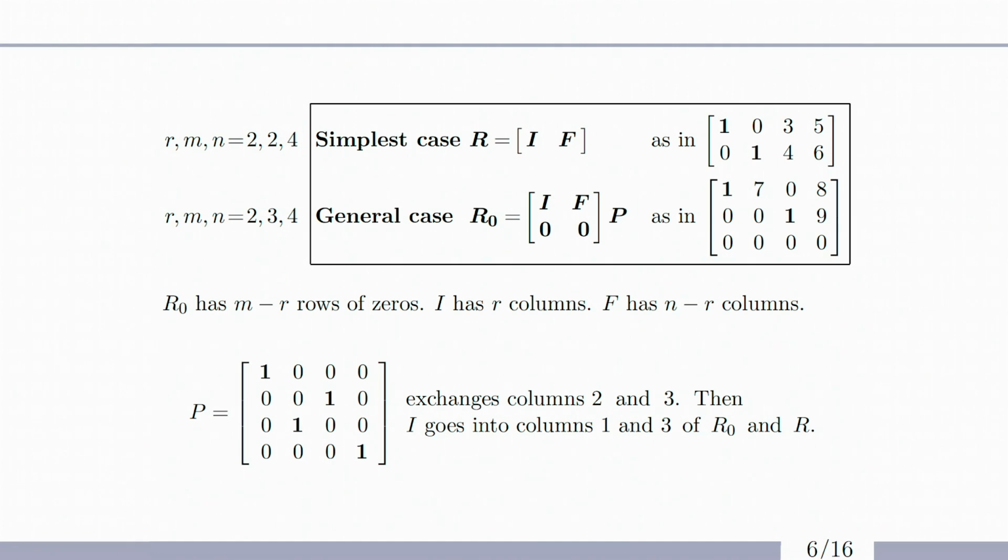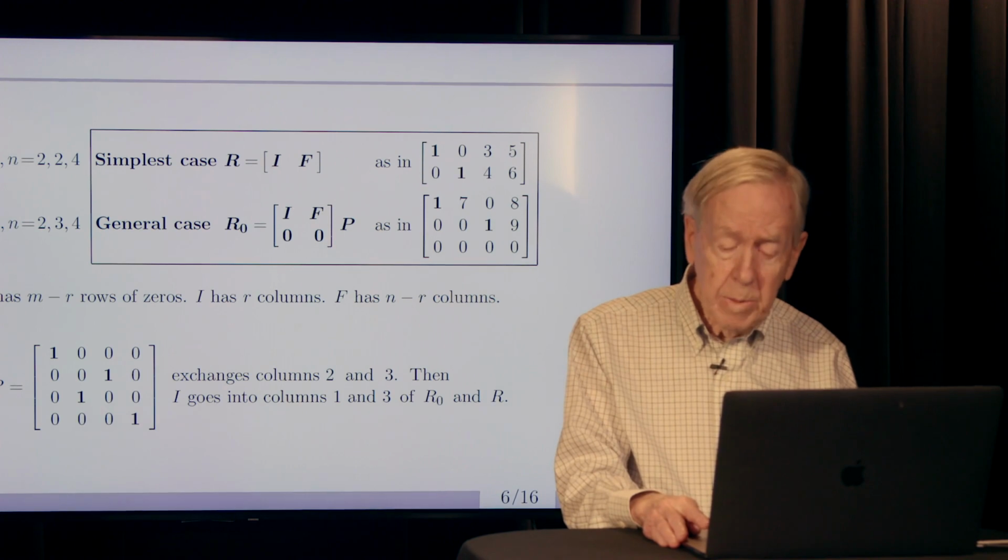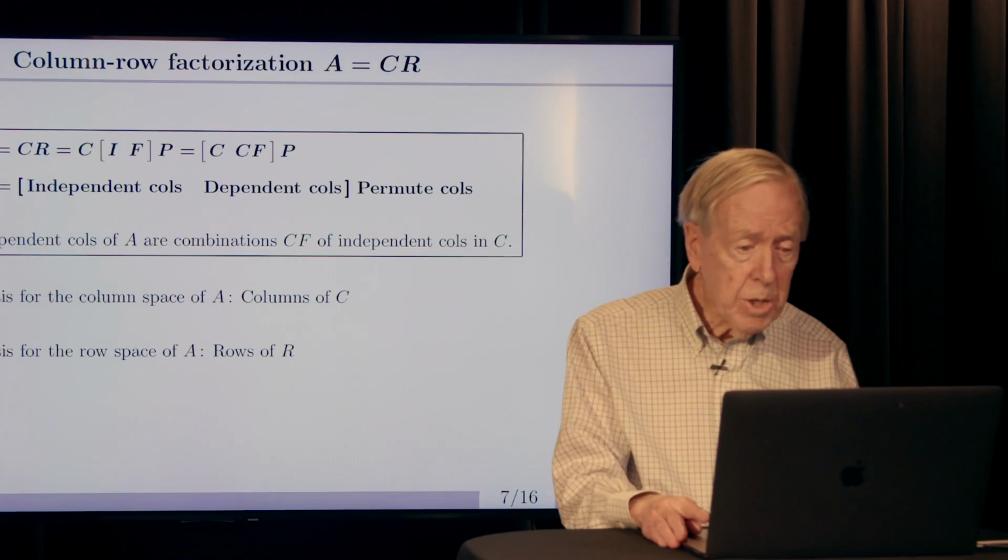Because P is on the right, it'll move columns. And there I wrote down what that P is. That exchanges column 2 and 3 and puts the identity in where we want it. Okay, so that's the linear algebra, the matrix notation part.